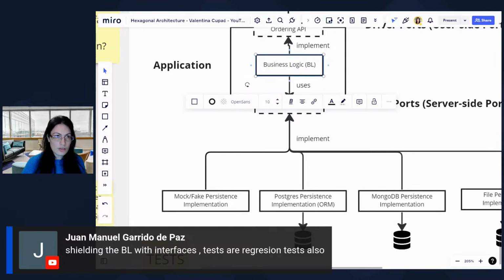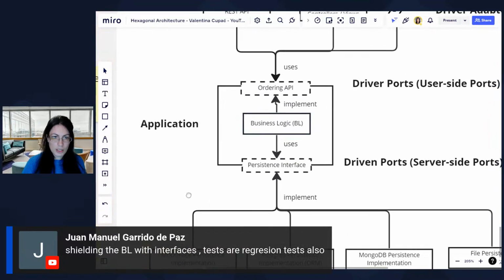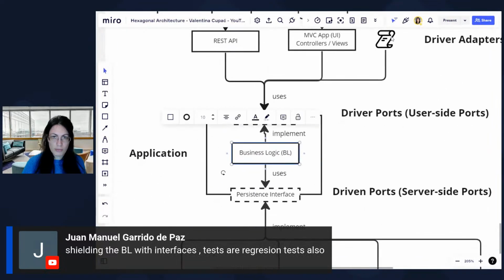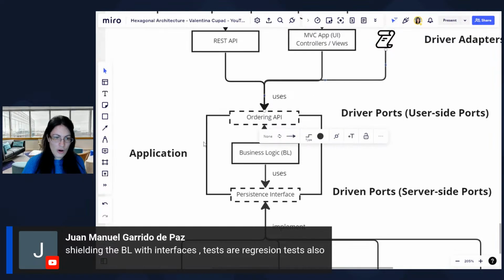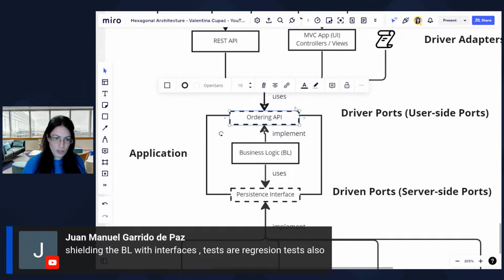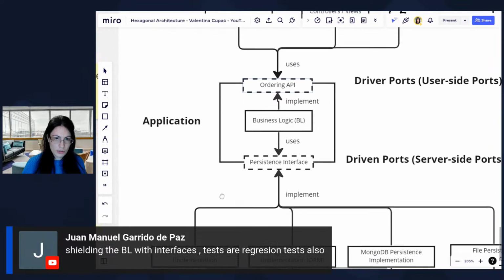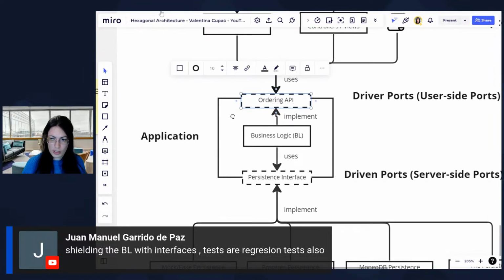So that is right. Here, when we go above, these tests are hitting essentially our application, testing it through this API. And we are sort of protecting the business logic from any other concerns, regardless of which side we're on.